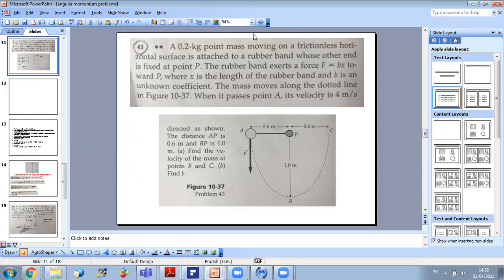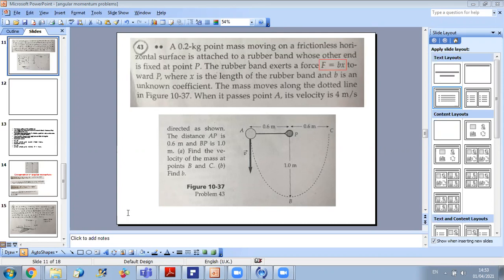We know that the force F is given by B times X. It's like a spring, if you want. Okay? It's like the expression of the spring. For a spring, what is the potential energy? It is half K delta X squared. Right? So by analogy to a spring, for the rubber we can do the same.